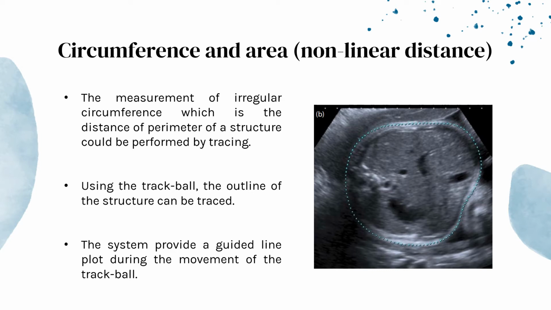The system provides a guided line plot during the movement of the trackball. Then the system can calculate the distances between the outline points of the structure. Here in the picture we can see the tracing measurement in an obstetric application.